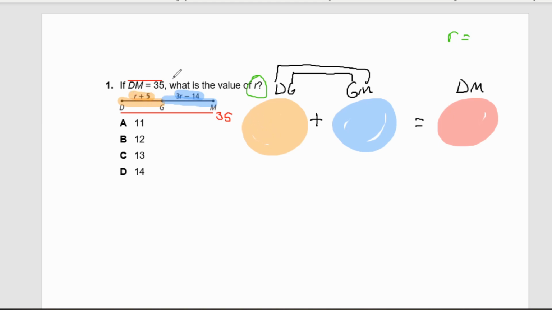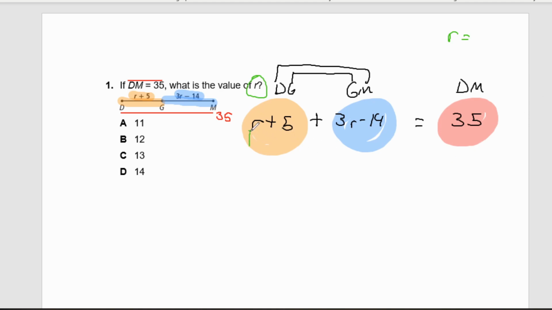So what I'm going to do is take my orange area and substitute it in. I'm going to take my 3R minus 14, that's my blue section. And then these two together is equal to the red section. And now I'm going to switch back to the green ink because I am doing the algebra part now, which will result in finding the value of R. So just so that it's all color matched, we'll do that.